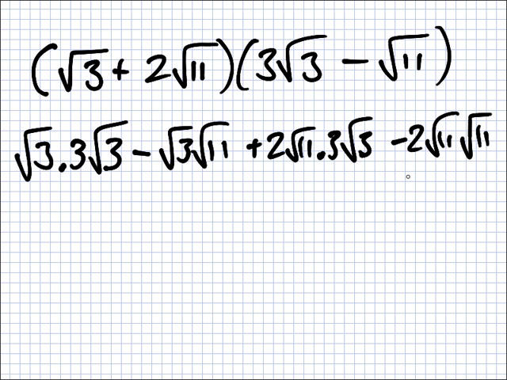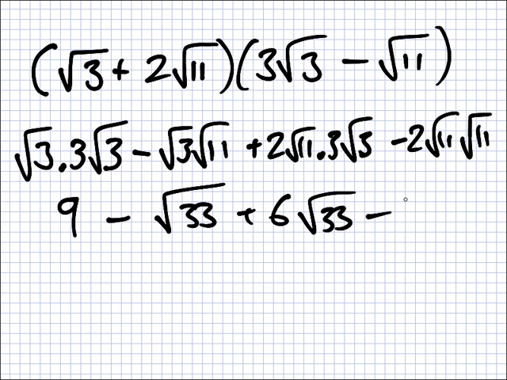Now each one of these individually you can type in on the calculator, as long as you write this step down in the exam. So you're right, that's a 9. This one, root 33. This one is 6 root 33. And then this last one is 22.